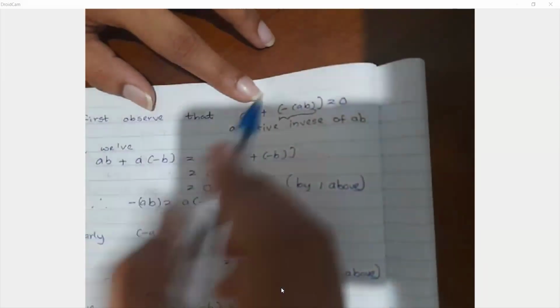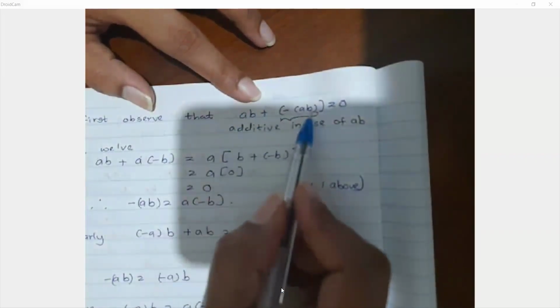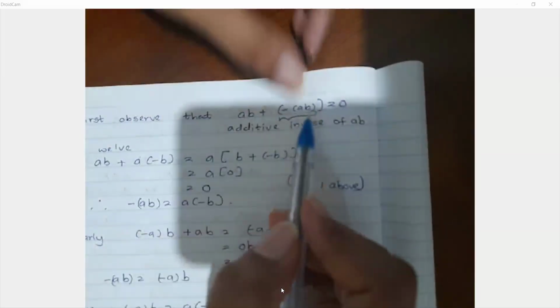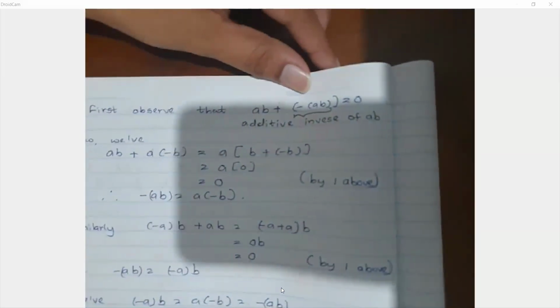If you go up over here, the additive inverse of AB is negative AB. On the other hand, the additive inverse of negative AB must be AB. Therefore, what do we have?